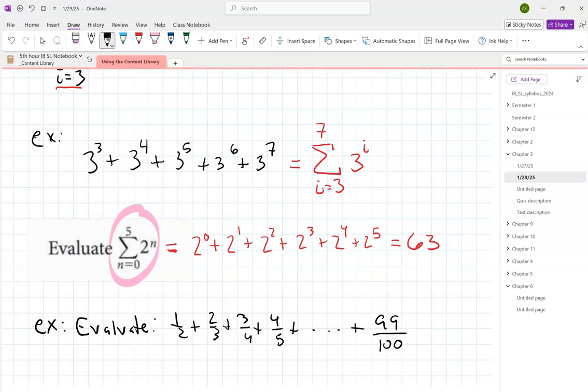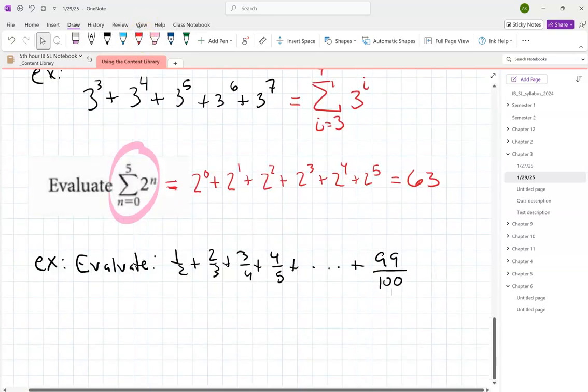Do you think I want to do this by hand? No. What am I going to do? Well, what I want to do is write this into summation notation, sigma notation, so I can enter it in my calculator and press enter. Sound good to you guys?